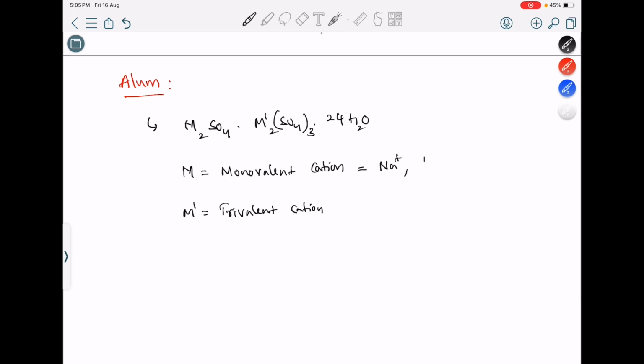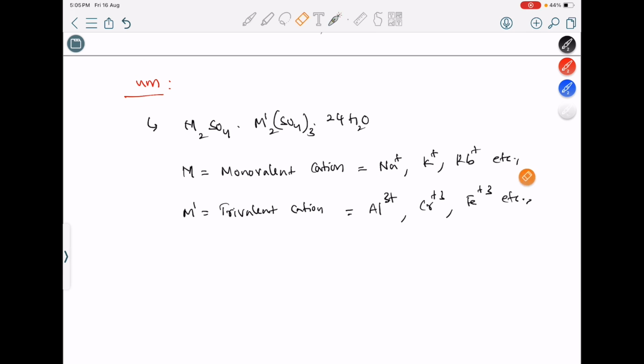We know Na plus, the potassium ion, and the rubidium ion. All these are examples of monovalent cations. Likewise, if I talk about trivalent cations, we have our famous aluminum ion, then we have the chromium ion, and iron. All these are examples of trivalent cations.